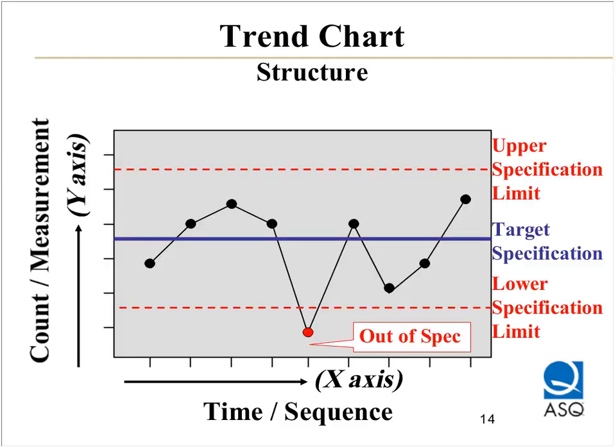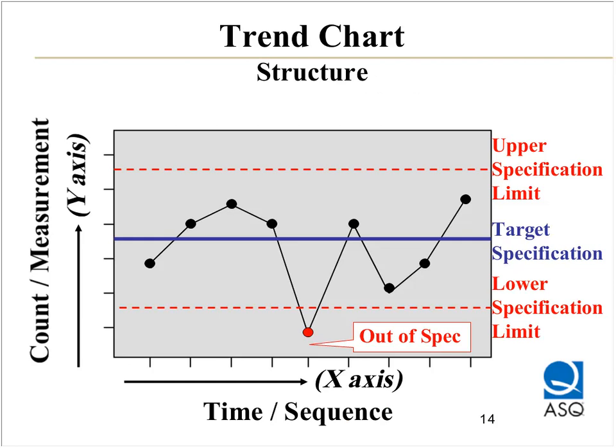Here's an example of a trend chart, the structure of what it looks like. On the horizontal axis, we can plot either time or sequence, that's the x-axis, and on the y-axis, we can put the counts of the attribute or discrete data or the measurements of variable or continuous data.